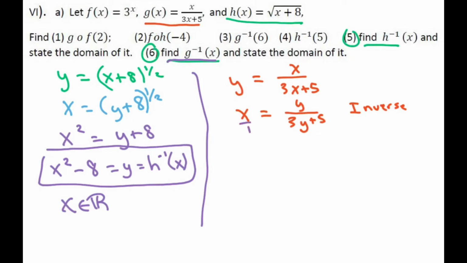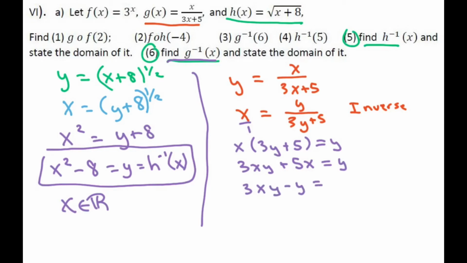Now we want to solve for y. I'm going to cross multiply, and you get x times 3y plus 5 equals y. Distribute here: 3xy plus 5x equals y. Group your y's together. I'll move the 5x over, so it's negative 5x. Pull out your y with the greatest common factor, and you get y times 3x minus 1 equals negative 5x.